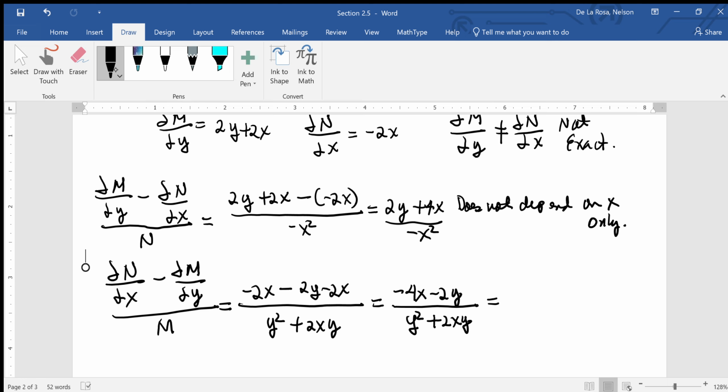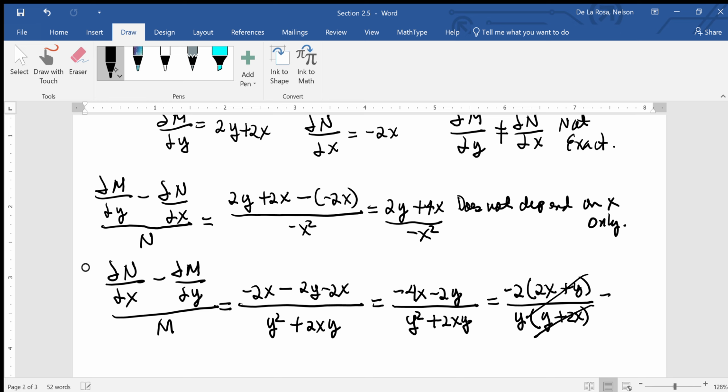Then on the top, we can factor negative 2. Then we have 2x plus y. And on the bottom, we can factor y. If we factor y on the bottom, we have what? Y plus 2x, which is the same factor we have on the top.